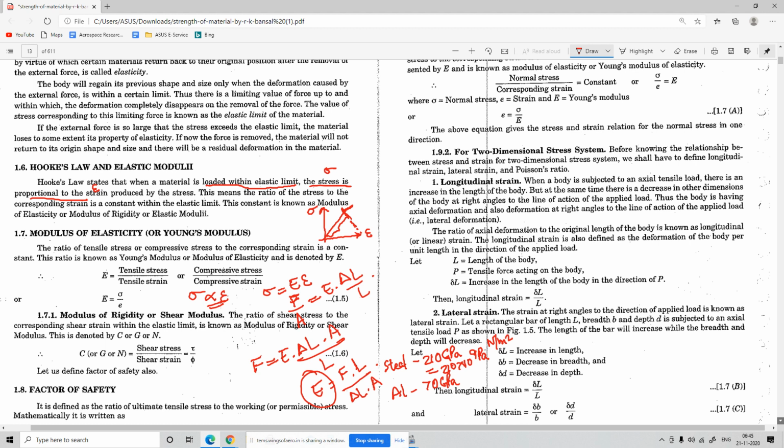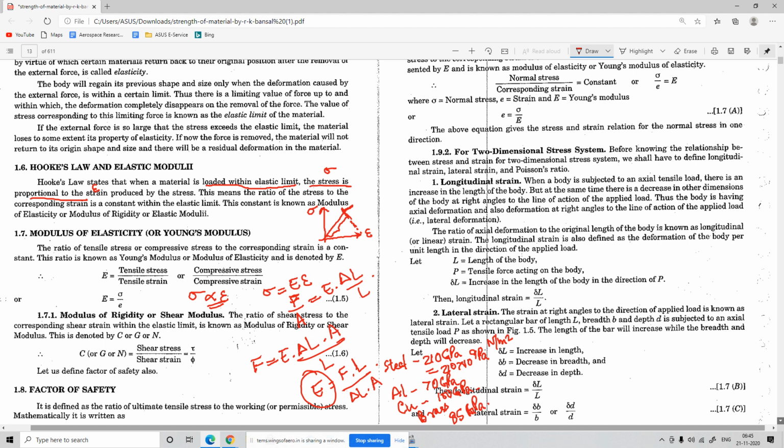Again, 70 gigapascal means 70 into 10 power 9. Then comes copper. Copper is mostly 90 to 110, so we consider 100 gigapascal. Then comes brass. Brass ranges from 80 to 90, so as a standard we take 85 gigapascal.